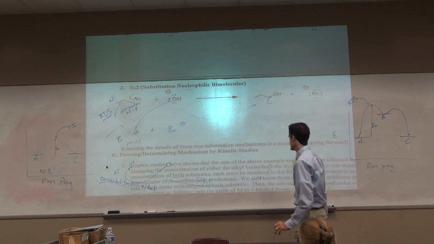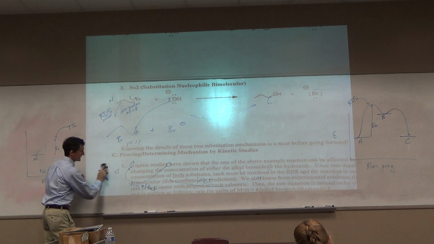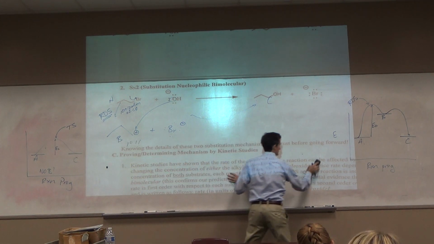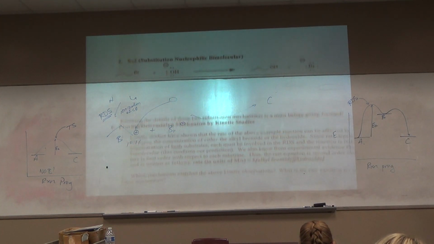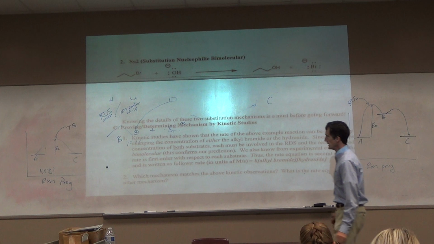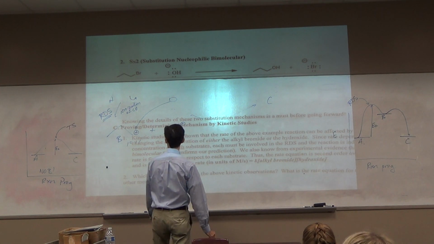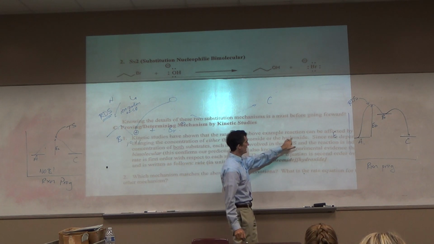Kinetic studies. I've already kind of got at this. Anything new down here? Well, maybe just terminology. Kinetic studies have shown that the rate of the above example reaction can be affected by changing the concentration of either the alkyl bromide or the hydroxide.